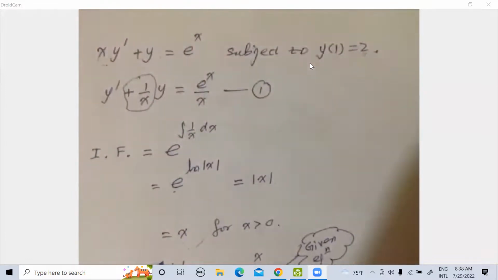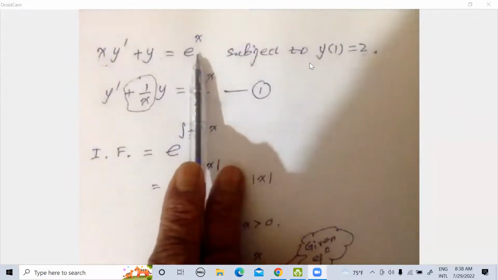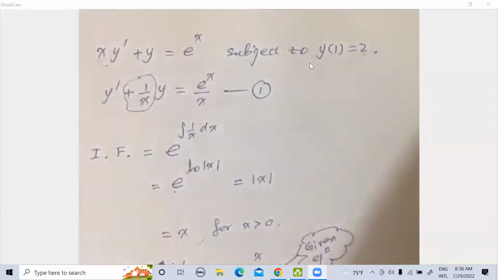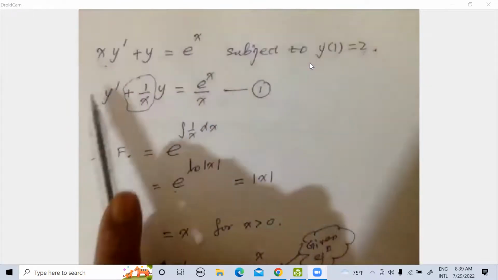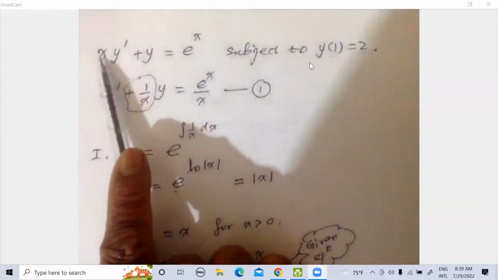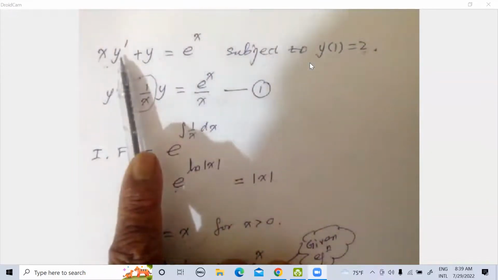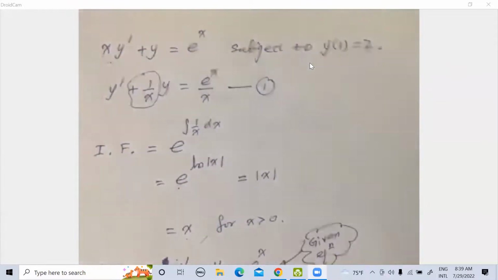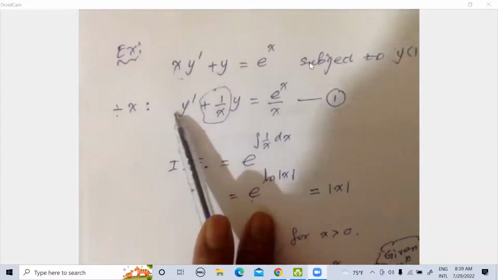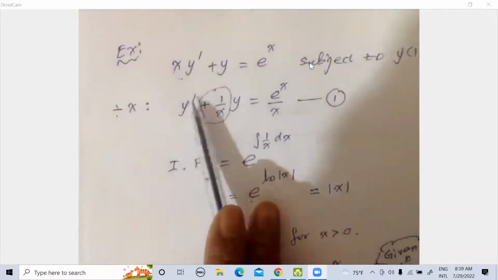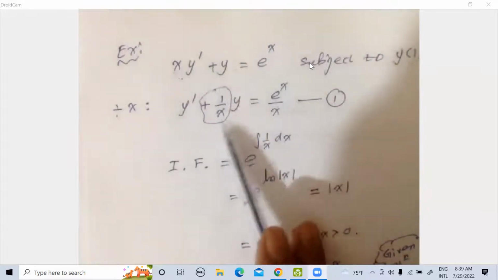Now for this particular problem, this is not the standard form of a first order linear equation. We learn how to solve this equation. So turn this equation into, if there is something with the derivative dy over dx, divide by that, and then you make the coefficient here as in the standard form: dy over dx plus 1 over x times y.